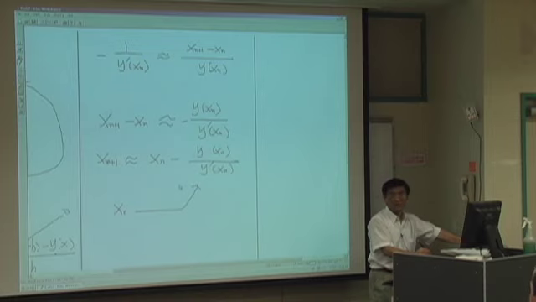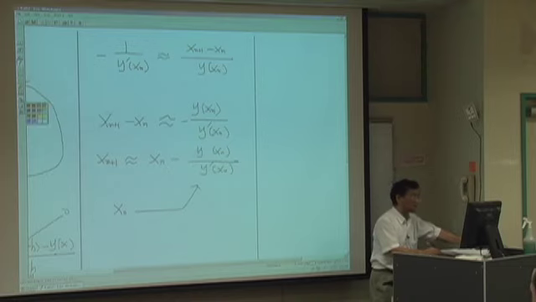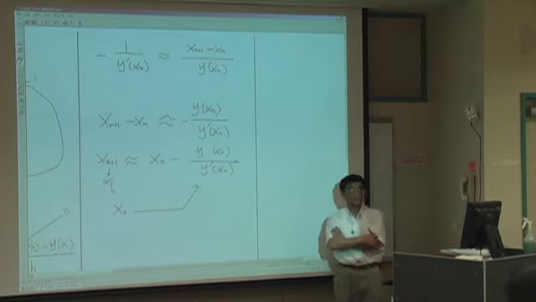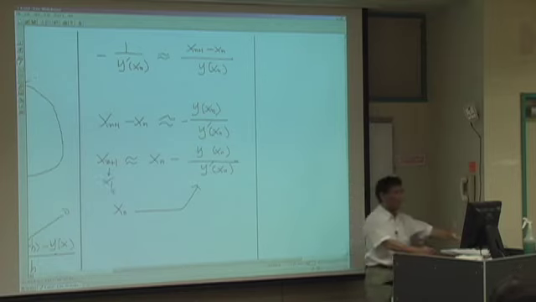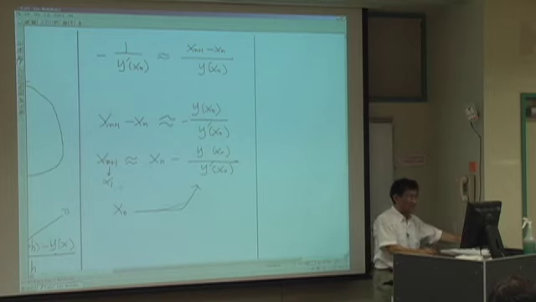Any questions? All of these things can be calculated, right? x0, y of x0, y prime of x0, all of these are calculated. Then from this, we get x1. Now this x1 goes in, all these can be calculated, and we can calculate x2.